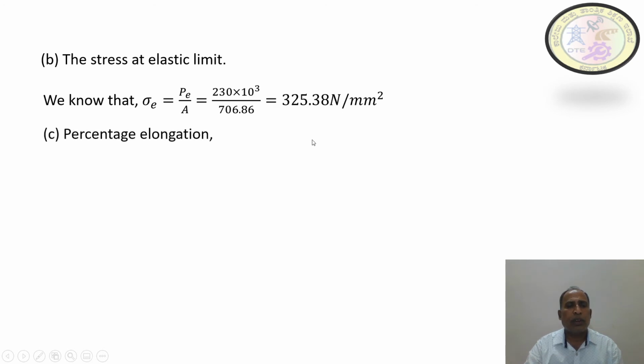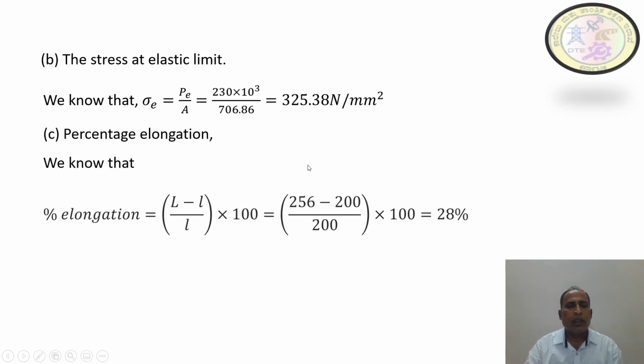Then percentage elongation. We know that percentage elongation is the ratio of L minus l by l, where capital L is the total length and small l is the original length. This L minus l gives us the total extension. Total length L is 256 and small l is 200.